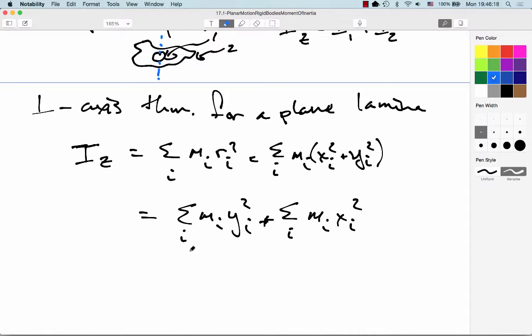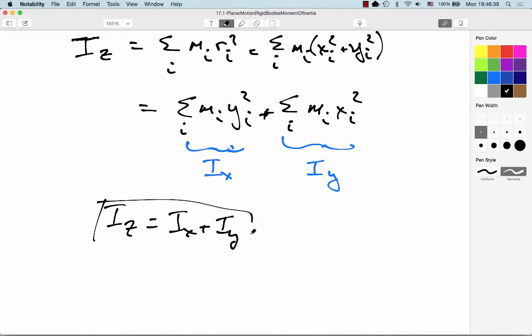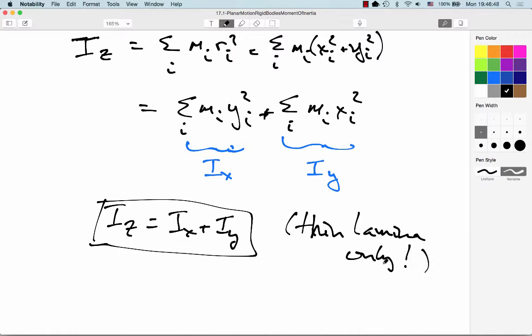And what's up with that? This is the moment of inertia about the x-axis. That's the moment of inertia about the y-axis. So if you have a thin lamina, you can write I_z is I_x plus I_y. Again, that's only true for thin lamina. But it is a handy result.